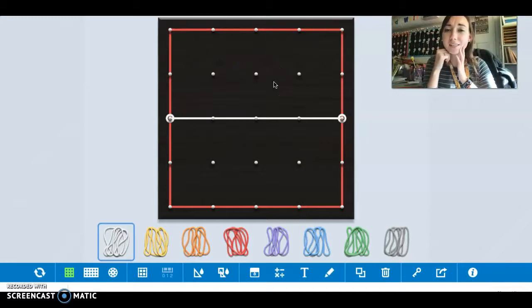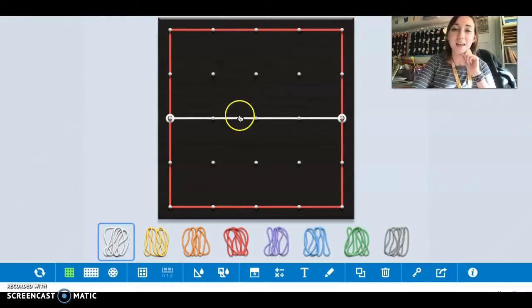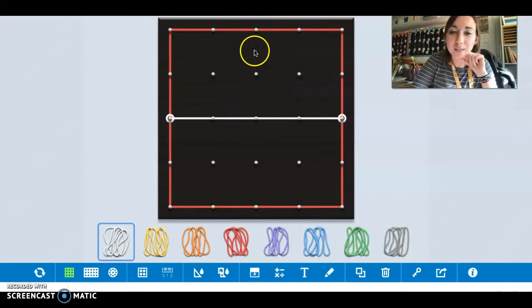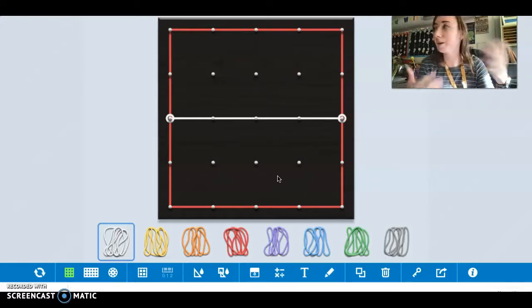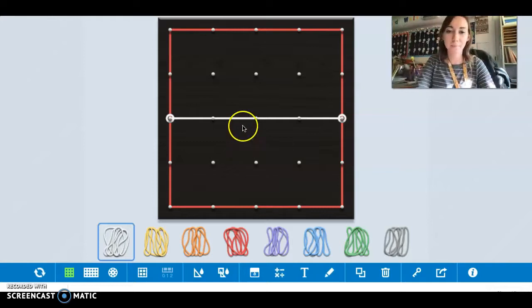Thumbs up if you think this is two equal parts, or thumbs down if it is not two equal parts. I'm seeing thumbs up. Yes, this is two equal parts. This is 1/2 up here, and this is 1/2 down here. Together it makes one whole, right?